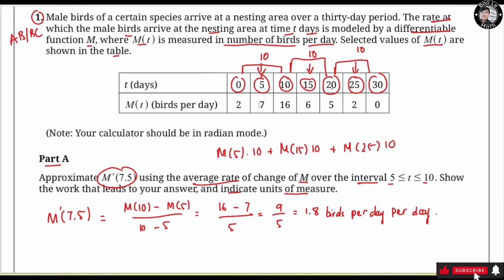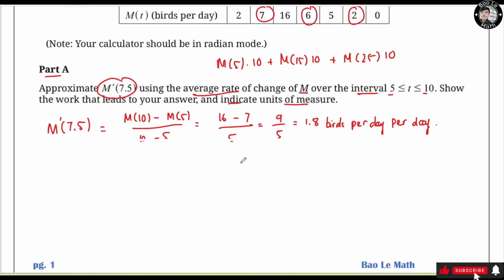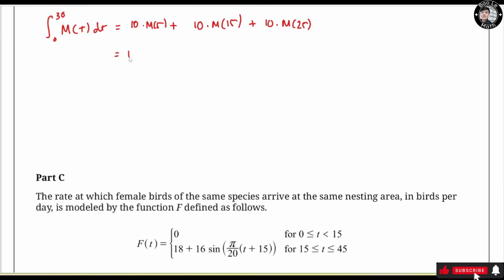Now m of 5 is 7, m of 15 is 6, and m of 25 is 2. So we have 10 times 7 plus 10 times 6 plus 10 times 2. So it's going to be 70 plus 60 plus 20. It's going to be 150.